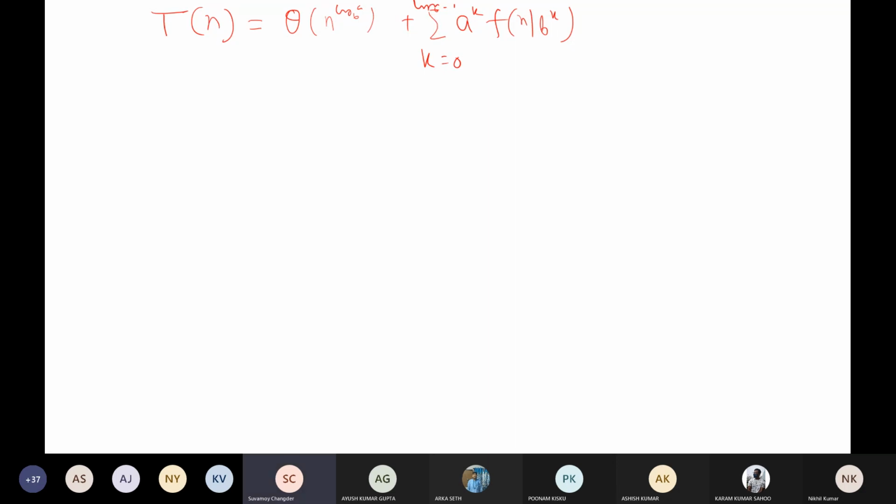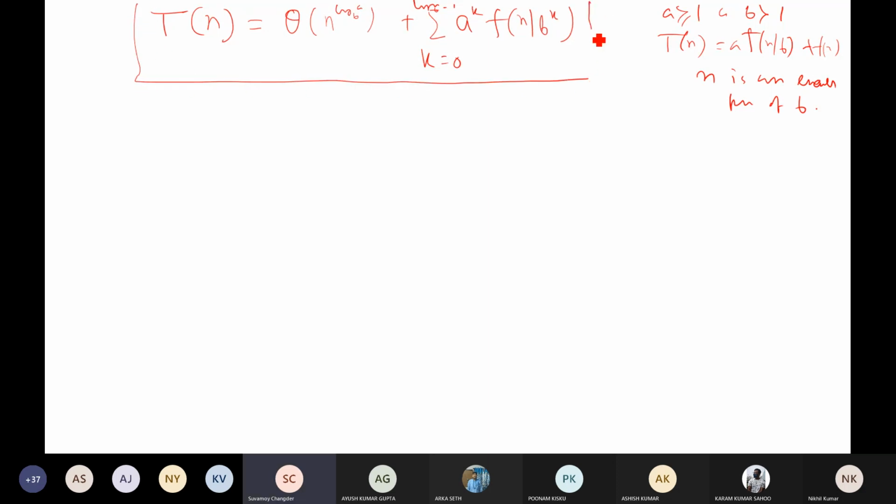Lemma 1 says that if a is greater than or equal to 1 and b greater than 1, and T(n) can be expressed as aT(n/b) plus f(n), where n is an exact power of b, then T(n) can be written as this. This is lemma 1, which we have already proved.